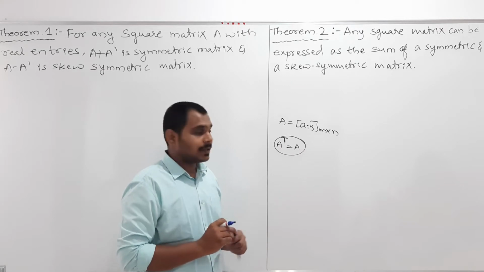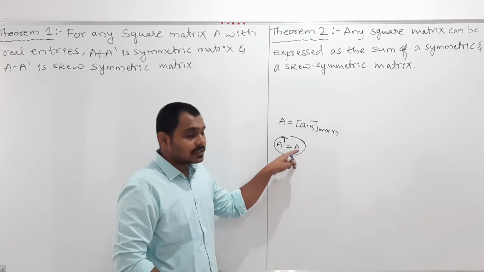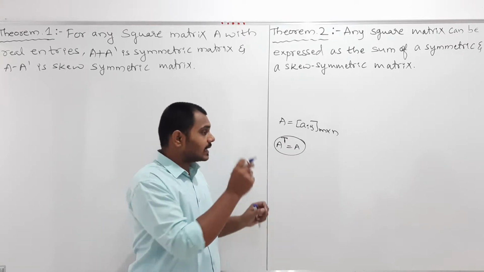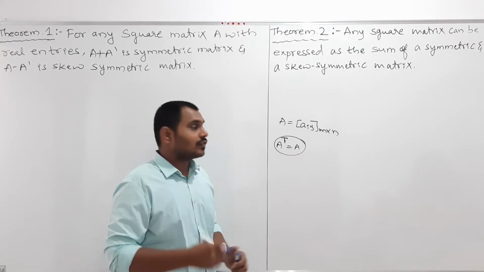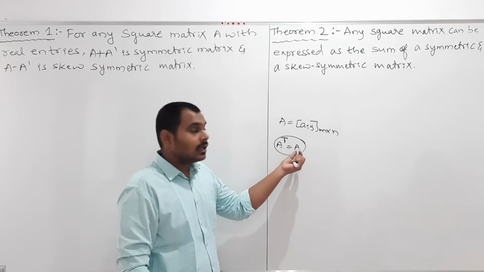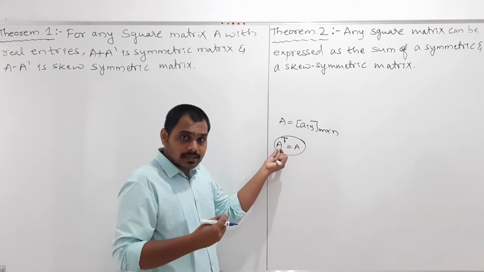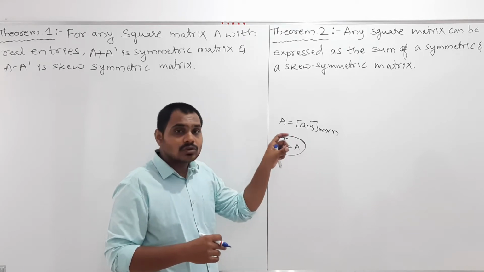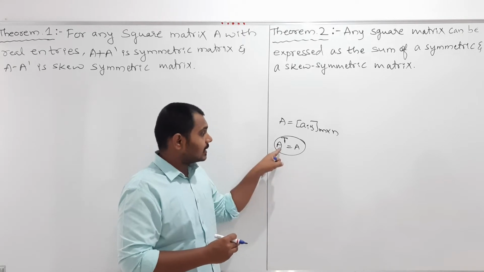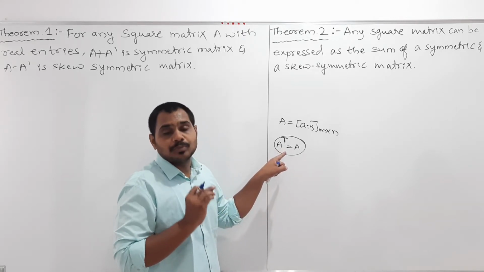A transpose can be written as whatever rows we have in the matrix A, we write those rows in terms of the columns. After interchanging the rows into columns, whatever matrix I get, that matrix I will call the A transpose.